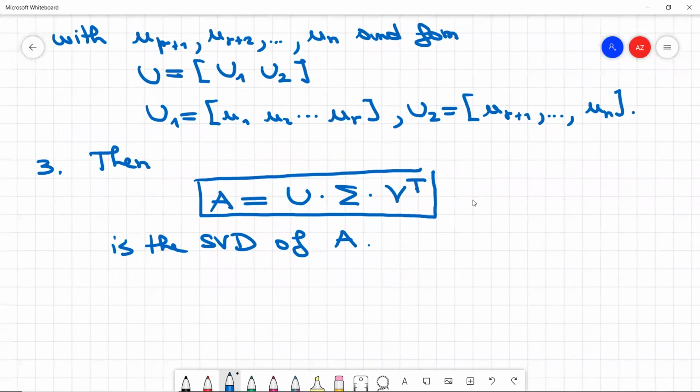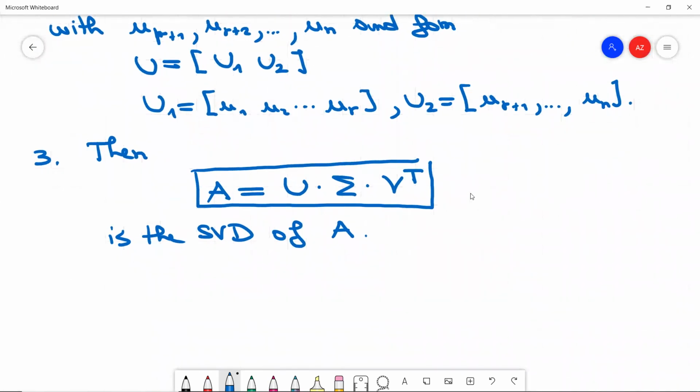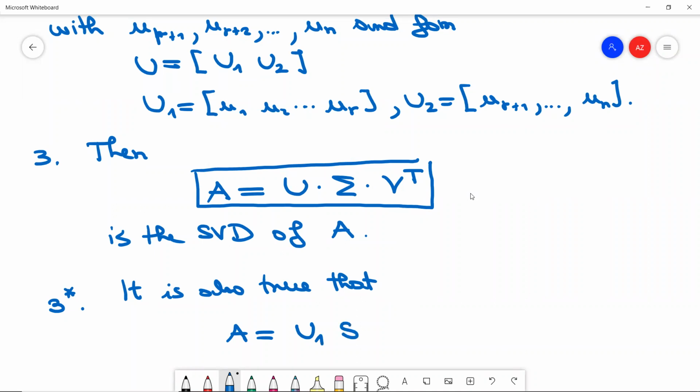But why I did it is this. Let's do this optional point 3 star. It is also true that A is equal to U1 S V1 transpose.